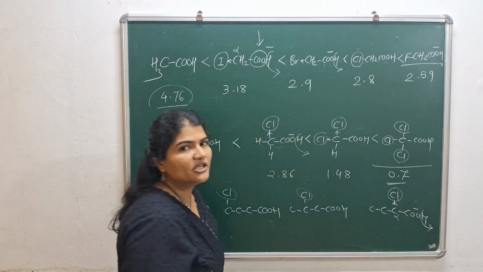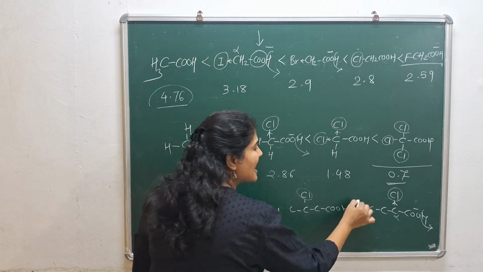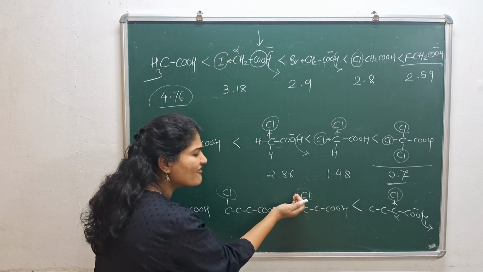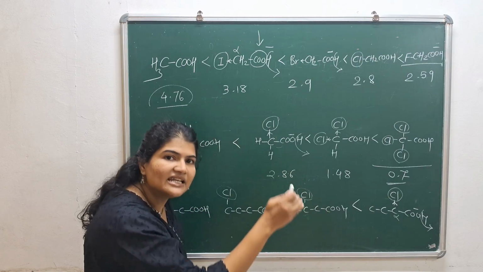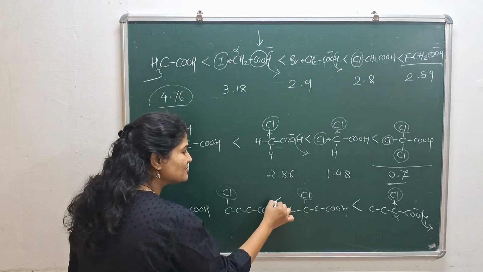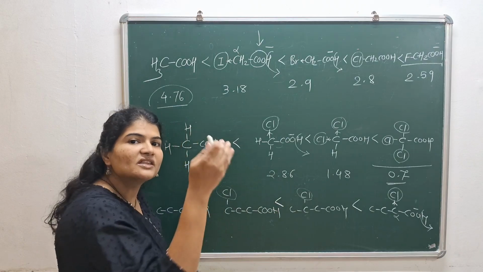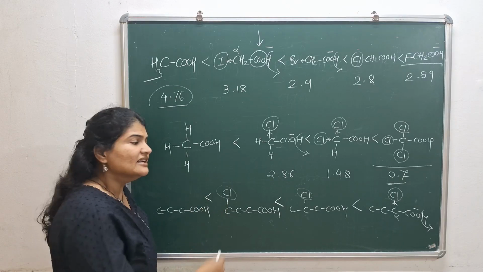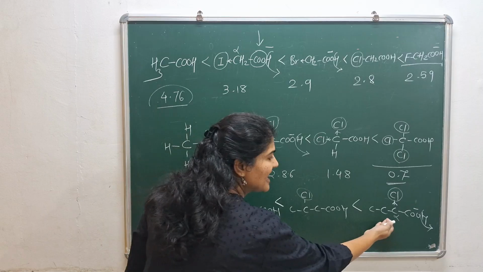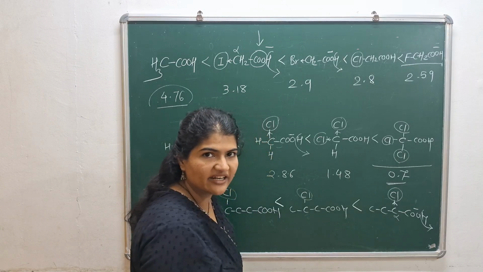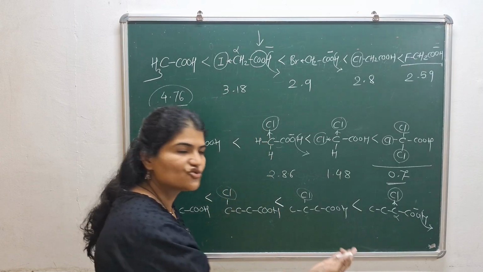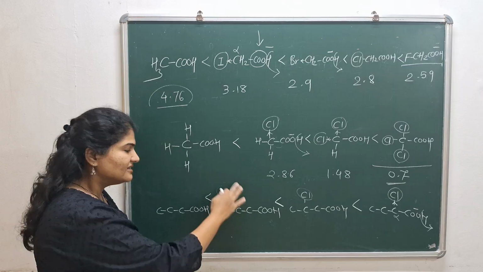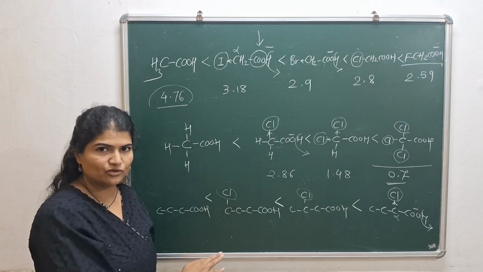So this is going to be a very strong acid compared to this, because as the halogen is moved away from the alpha carbon, the effect decreases. As it is moved even farther, the effect decreases even more. So the alpha substituted acid is going to be stronger than the non-substituted one, or this one, which is the gamma substituted version.